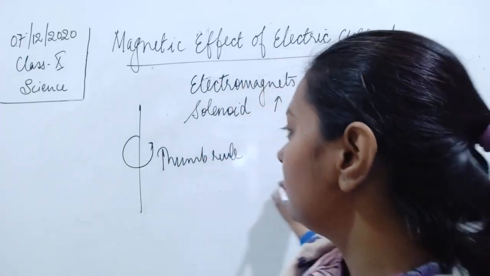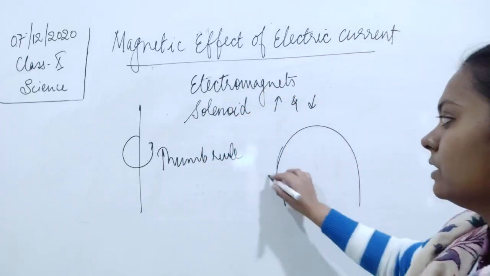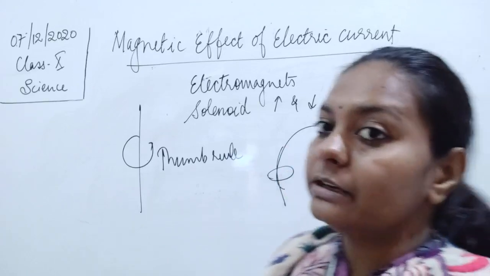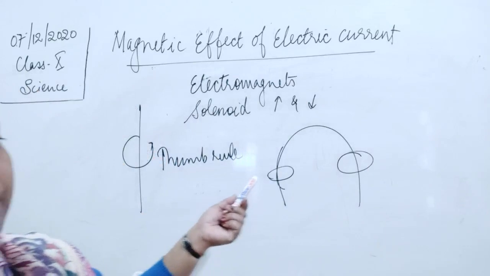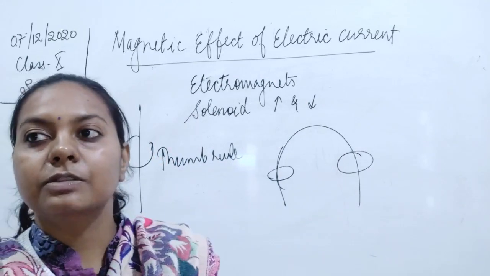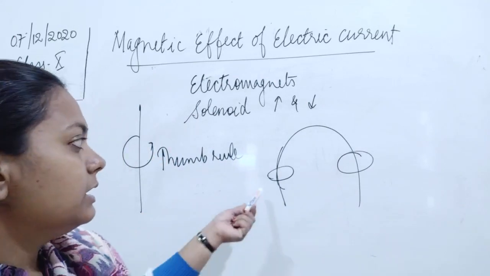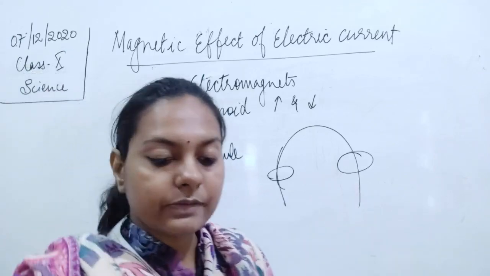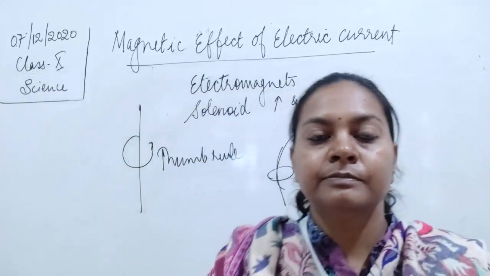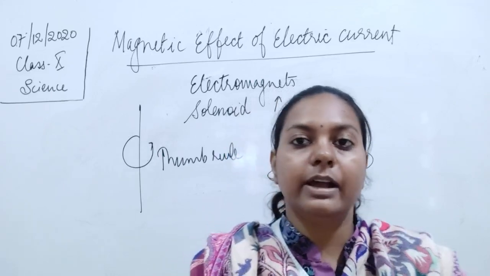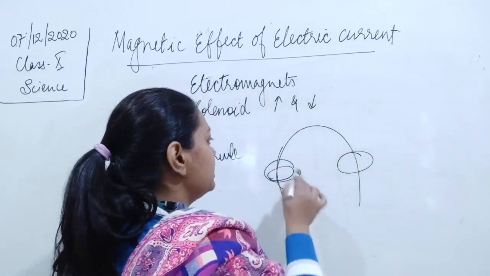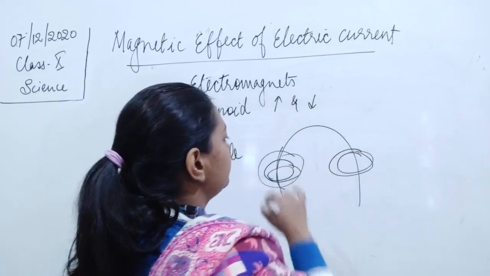Similarly, if the current carrying conductor is a coiled structure, we will obtain different types of magnetic field lines, because the magnetic field lines could tell us the distance and the different situations where the wires are present. Concentric rings could be formed.